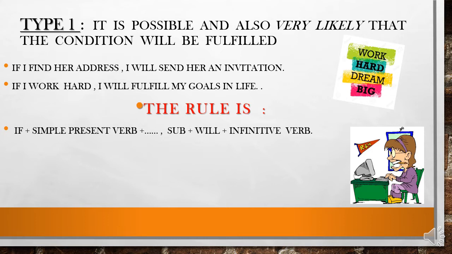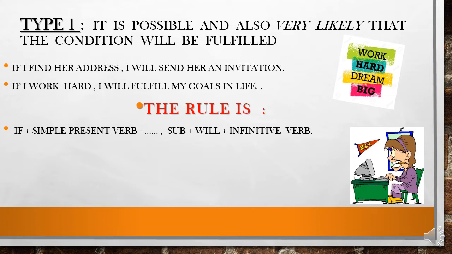Now notice here in the first part we used if plus the subject, and the verb here should be simple present. Okay, in the second part we use of course the subject, followed by will plus the infinitive verb or the base form of the verb.